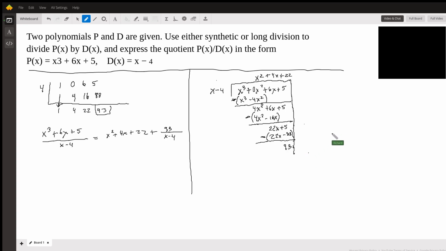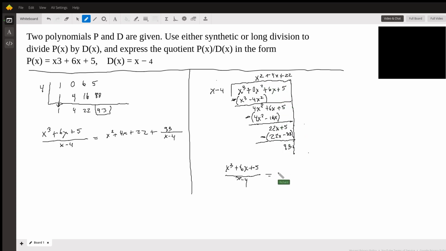And now to give the full answer so that the teacher can't possibly complain about your work, you're just going to say x cubed plus 6x plus 5, that's our numerator, divided by x minus 4. Now here, we just read this out.